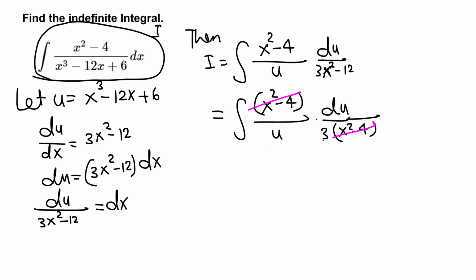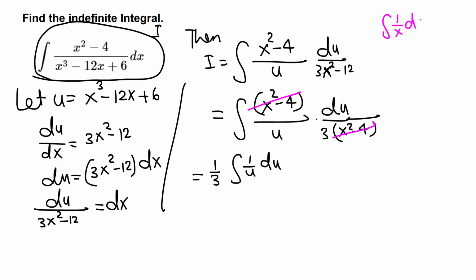Now we have 3 as a number. This 3 can be pulled all the way outside because that's a number. This 3 on the bottom means 1/3. Now 1 over u du. Okay, and now this is familiar, like when we had 1 over x dx, the antiderivative is natural log of absolute value of x plus c.